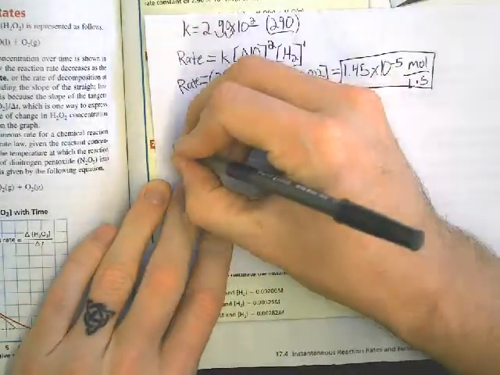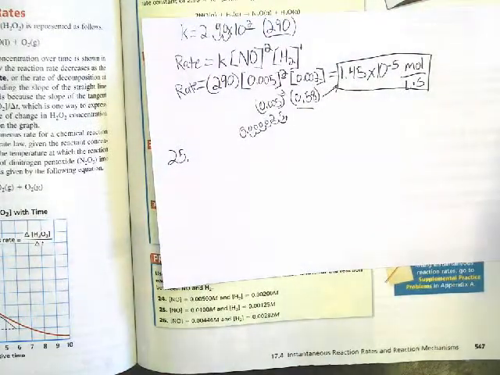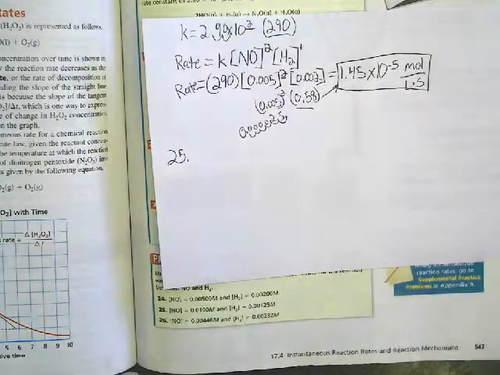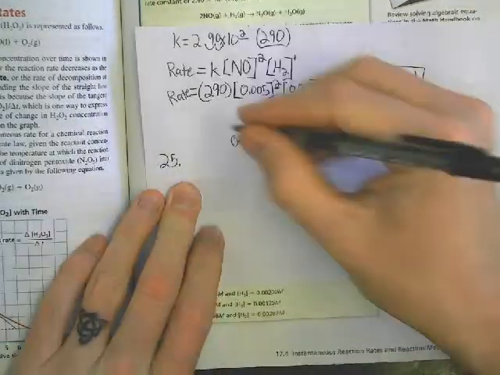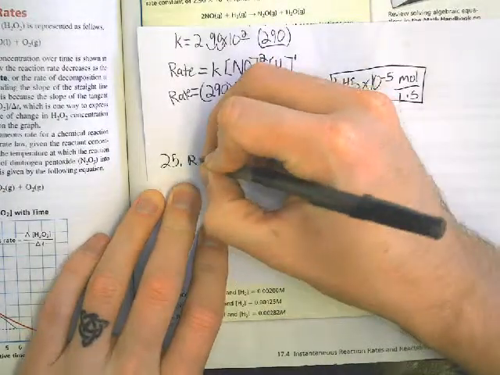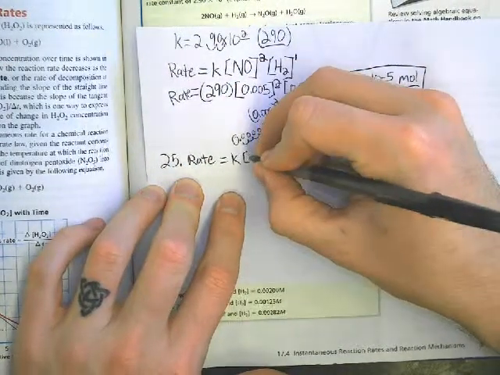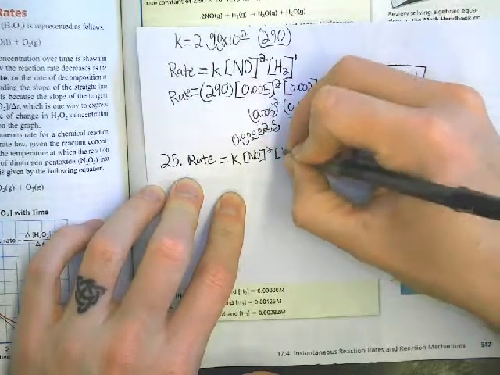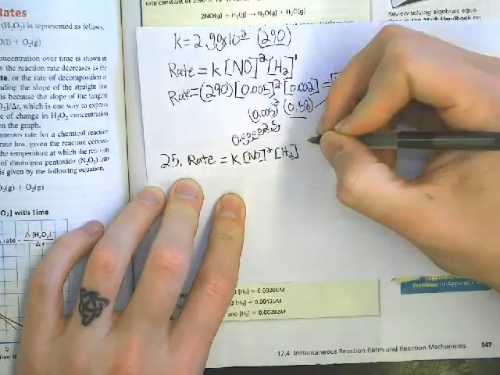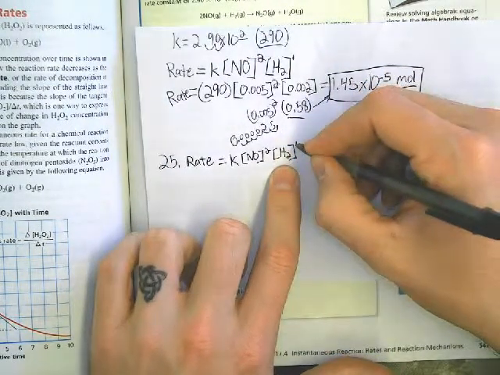Number 25. Now I'm going to do this one with you, and then the last one, 26, you're going to be doing on your own. So let's track. First things first, I put down my equation, right? Rate equals K times the concentration of NO squared times, this is H2 down there, to the first power.